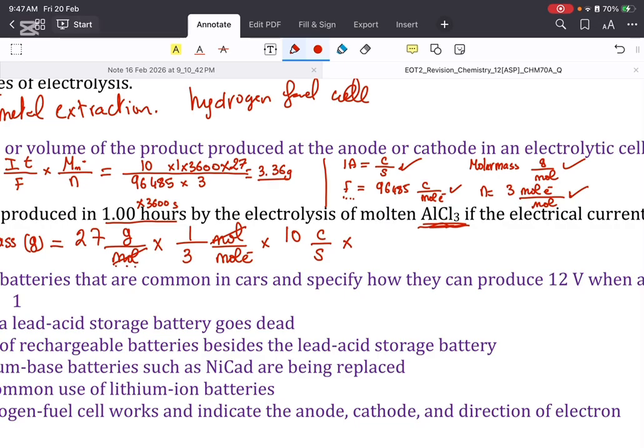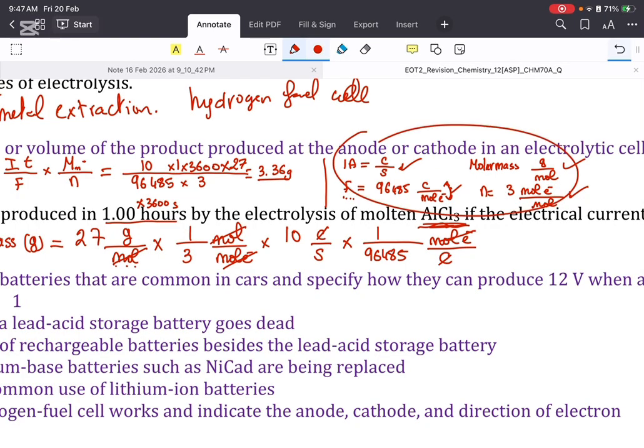If I want to use Faraday, I want to get rid of the coulomb, so I'm going to flip those and say 1/96485 mole e over C. When you are using this way, just keep the units very clear so that you don't get confused in the simplification. Now I'm done with all of those.